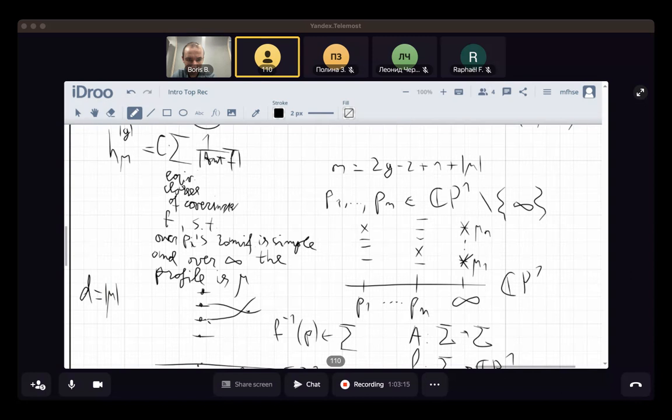And let's look at what happens in the vicinity here. If you take a nearby point to infinity and look at the pre-image, in this case you have 5 pre-images, but will you be able to map this guy to say this guy?